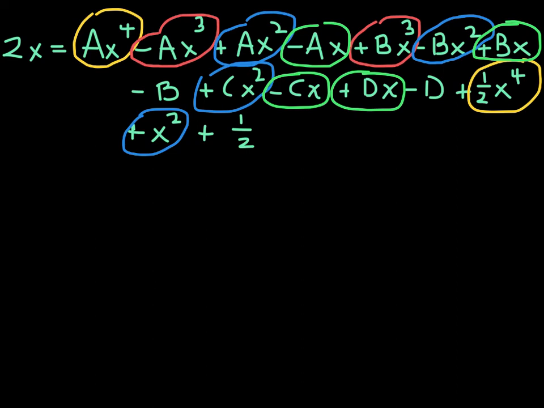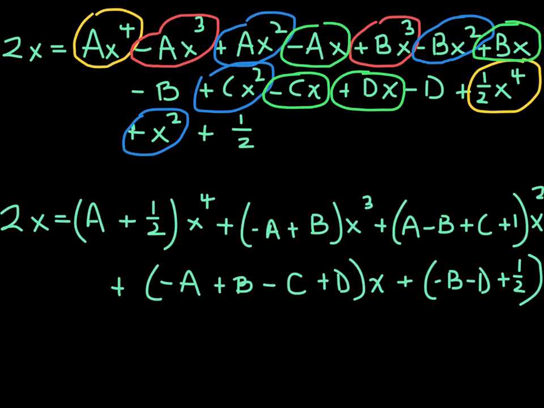And I'm going to leave the constant terms just not circled, so that'll be easy to see, hopefully. So what I end up having is, all right, I got it, folks. I grouped all my quartic, cubic, quadratic, linear, and constant terms together, all right?